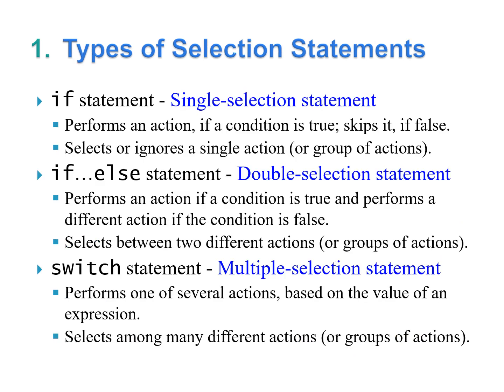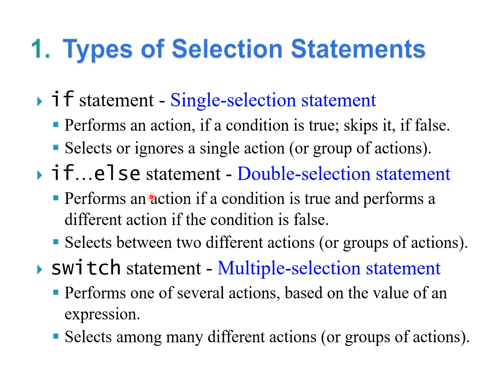Java supports the selection structure with 3 types of statements. The first and most simple one is the if statement, which is known as single selection statement. The if statement performs an action if the condition is true, skip it if the condition is false. So it selects or ignores a single action or group of actions.